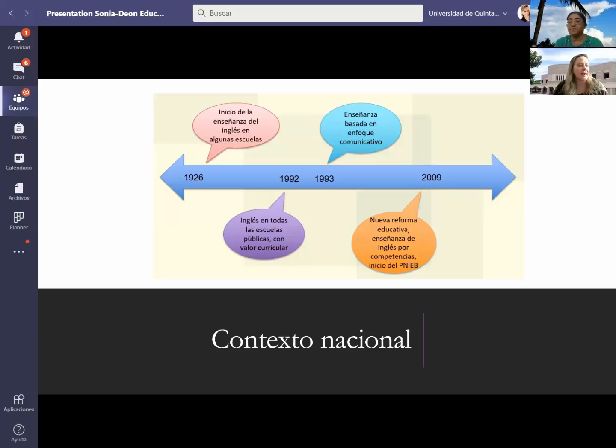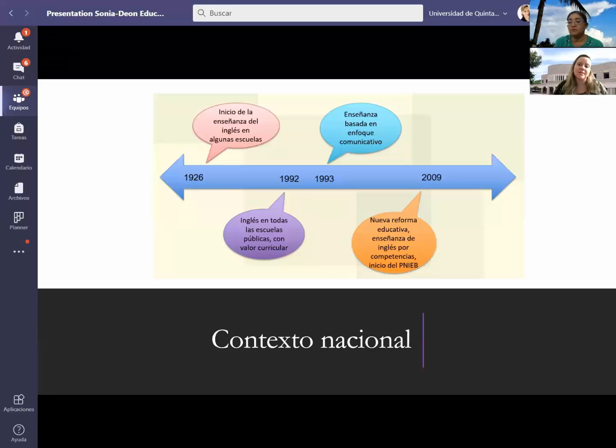Ok, entonces, entrando al contexto nacional, ¿qué es lo que ha sucedido con la enseñanza del inglés? Pues a partir de 1920, estamos hablando ya de casi 100 años, o sea, todavía nos faltan unos añitos más, pero ya estamos entrando casi a los primeros 100 años desde que empezamos a enseñar inglés en algunas escuelas.